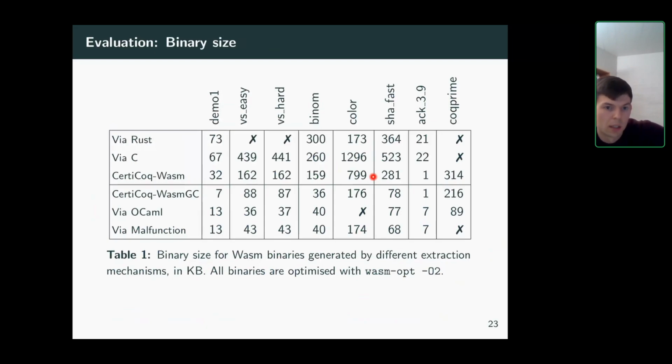The reason for that is that the C extraction includes a garbage collector that is verified and written in C. From another perspective, you could say that with the extraction via C, you could run larger programs, but at the cost of having larger binaries.